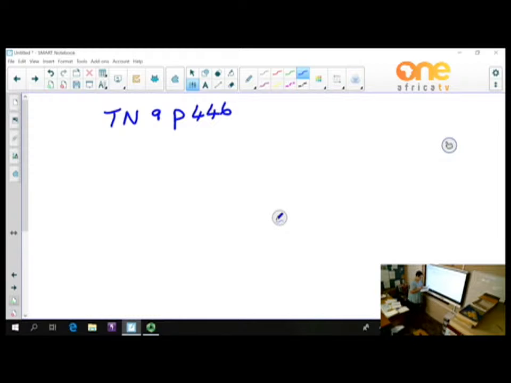So the first one is sine 24 is equal to, and I got the value of 0.4067. Just press your calculator. This is easy. The next one, number B, cosine 57 is equal to, I got 0.5446.